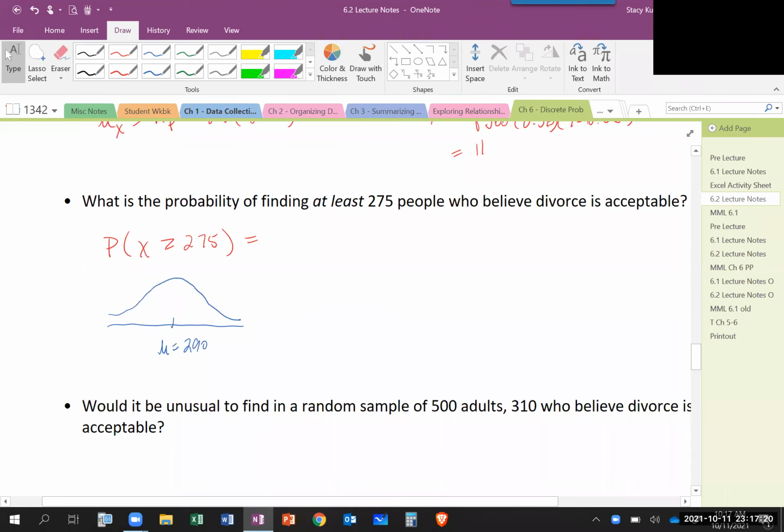To the left of 290, correct? It's just shy of 290, right? So this would be 275. And I want to know, what is the probability of 275 or more, correct? So pictorially, I've just drawn a graph representing the probability that I'm looking for.